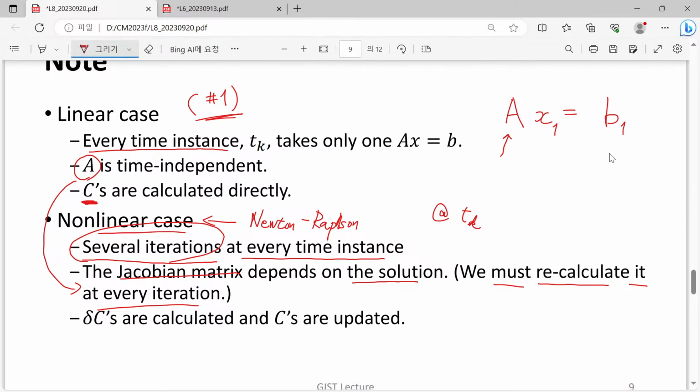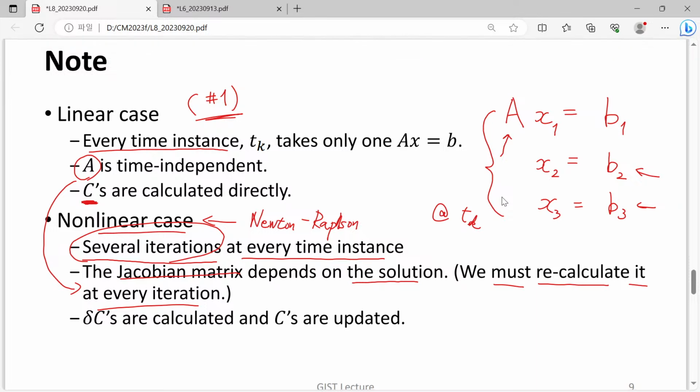Then instead of changing A, we want to solve a similar system, but now with a different b2 vector. Okay, so you understand the situation. And now I want to solve A times x3 equal to b3. Now let's say that we want to solve these three cases.